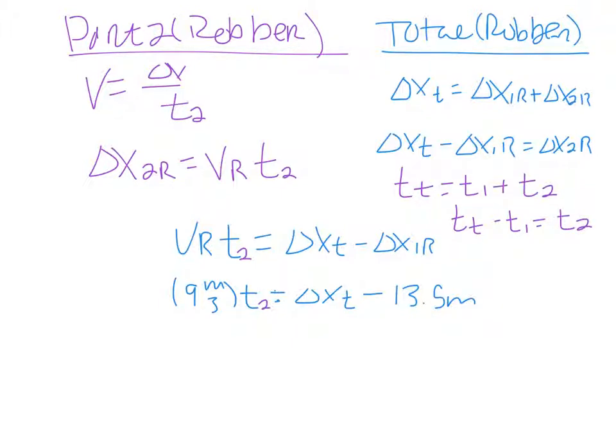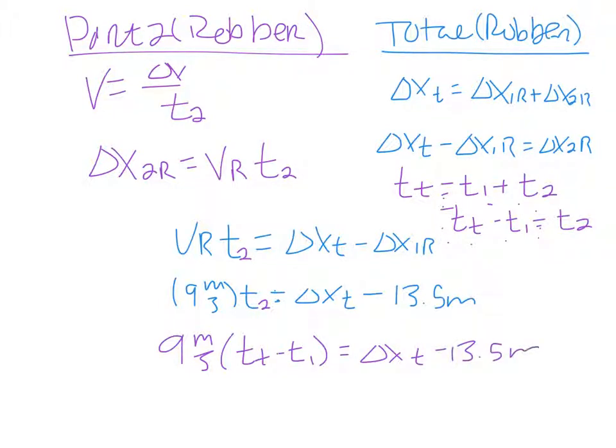My end goal is to get this in terms of x total and t total, so I'm going to substitute in t total minus t1 for t2. This leaves me with 9 meters per second times t total minus t1 equals x total minus 13.5 meters.